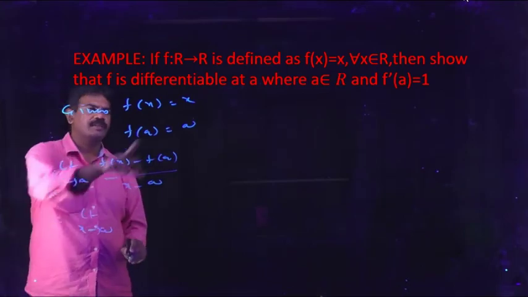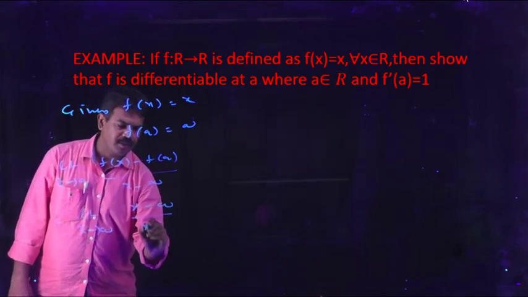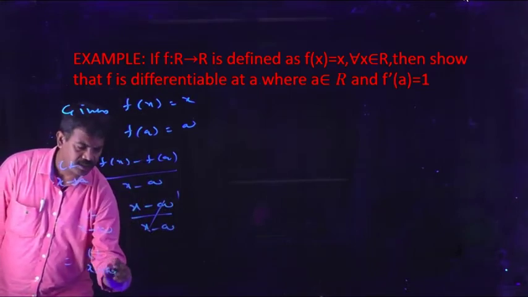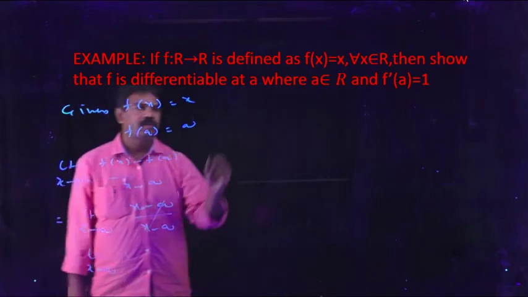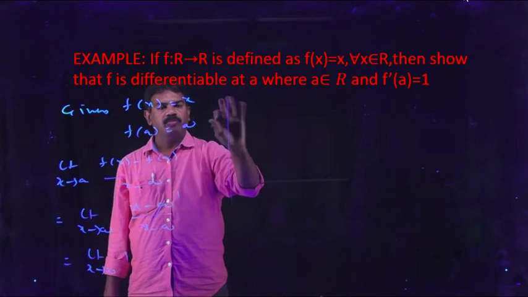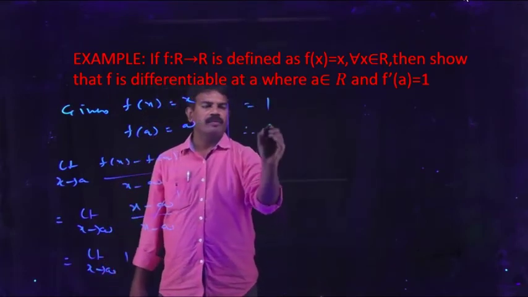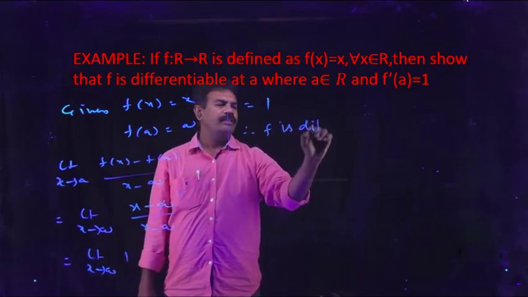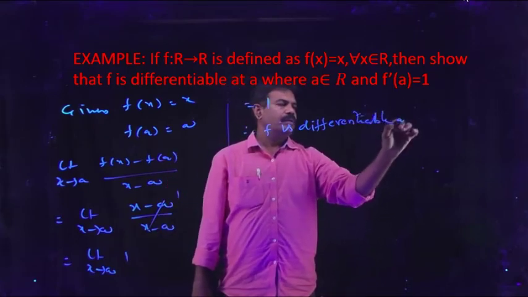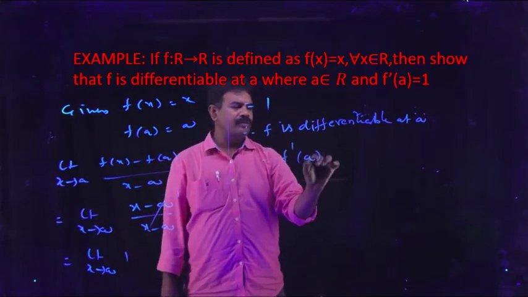We know that f of x is equal to x and f of a is equal to a, that is x minus a by x minus a, that is equal to limit x tends to a 1, which is equal to 1. Therefore, f is differentiable at a. Therefore, f dash a is equal to 1.